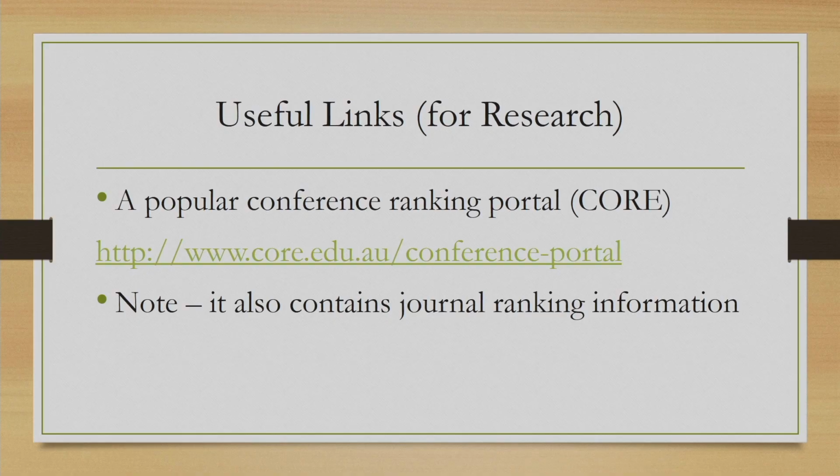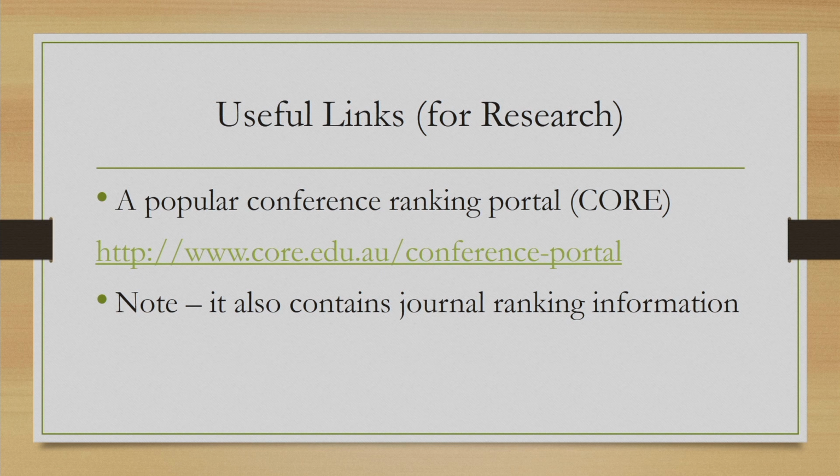As I said, to keep yourself up to date about the happenings in the field, the best place to look are the conference proceedings and the journal issues. Now, when we are looking at the conference proceedings or journal issues, one important thing that we should keep in mind is the quality of the conferences or journals.